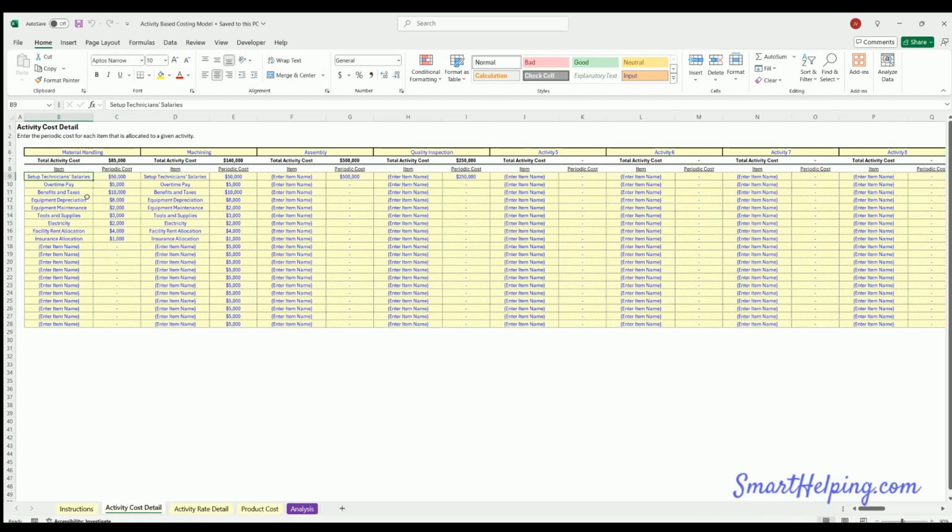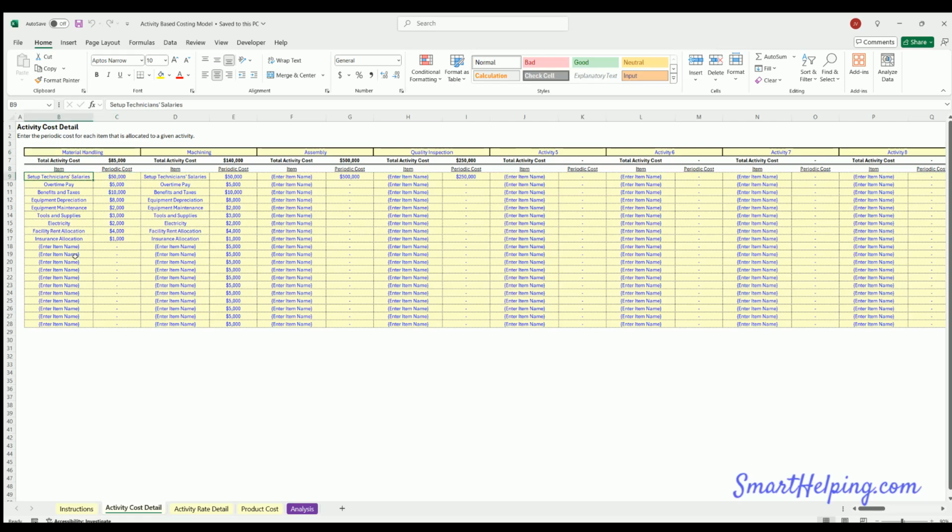For example, setup technician salaries and periodic cost. You're going to want everything to be on the same period, either annual, monthly, quarterly, whatever, but as you're defining these numbers, they need to be in the same period. We're going to look at annual here, just for the sake of explanation. So we want every single cost that we can relate to material handling.